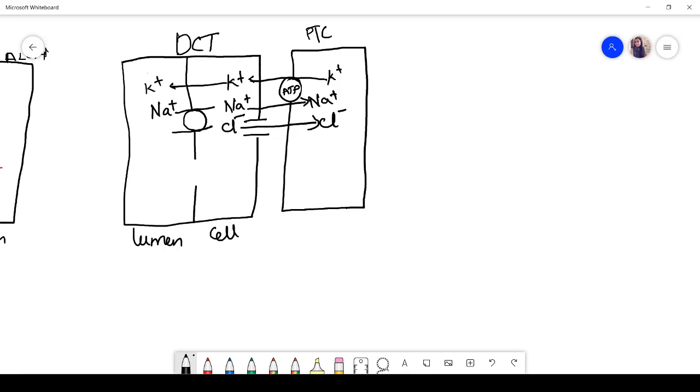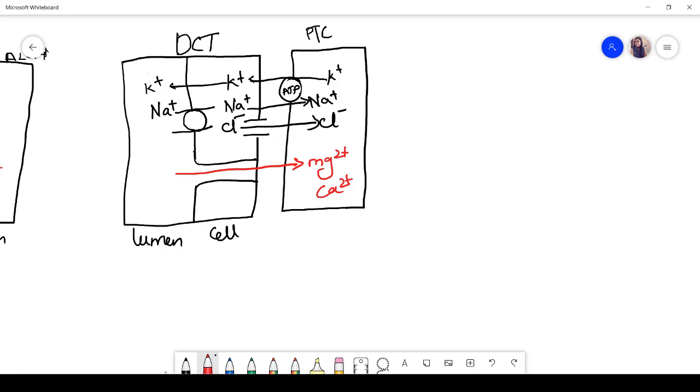One more thing: you will have a special category, which is magnesium and calcium. Magnesium and calcium transfer in between the cells, through junction methods. So here, first, sodium will go from the distal convoluted tubule lumen into the cell, and from the cell into the peritubular capillaries. And when it comes to potassium, we know sodium is the enemy of potassium.